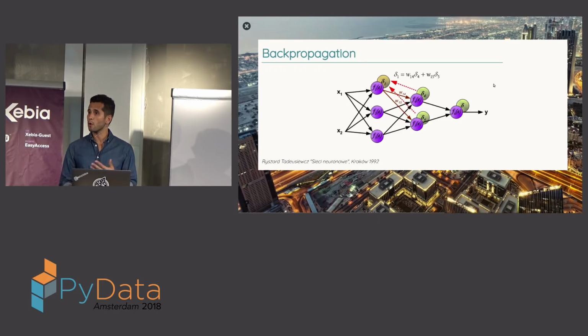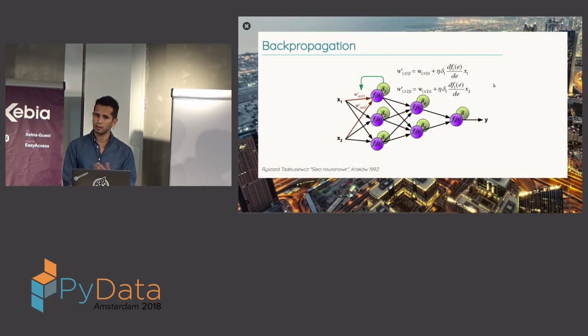Oh, sorry. And the same thing. But of course, because there are more connections every time, it gets a bit more involved, right? And you can imagine if this gets really wide and deep, it gets really complicated in the sense of how the dependencies are throughout the network. Then you go all the way back, and you calculate the derivative, or the gradient in this case, for that specific weight.